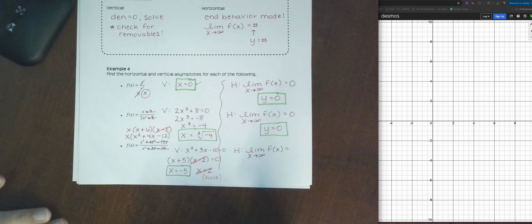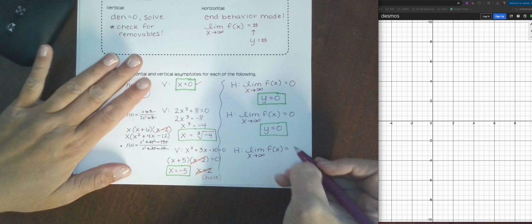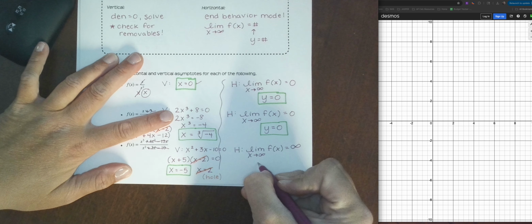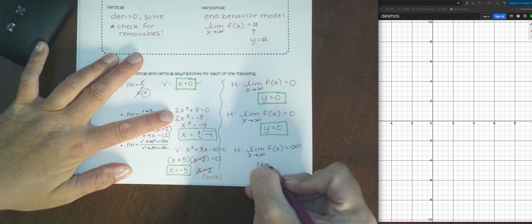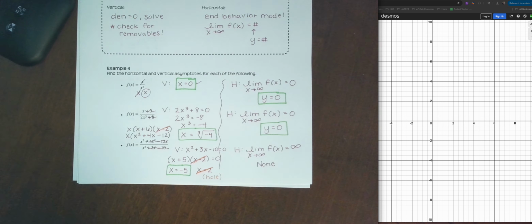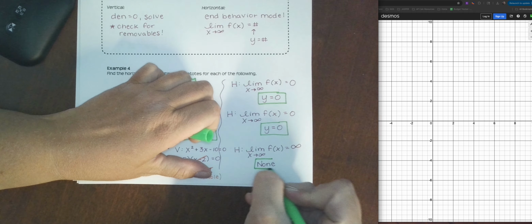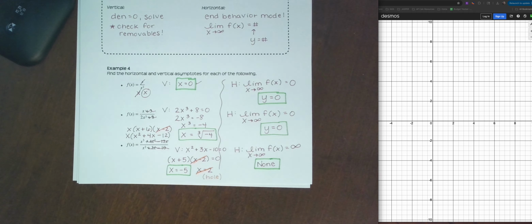It's not approaching anything except it's getting larger and larger. This would be infinity, but that means that there is none. That was a bad grammatical sentence. I'm sorry about that. There are no horizontal asymptotes. Okay, so when your limit is infinity, what that's telling you is that there's no limiting factor. There's no asymptote there to find.